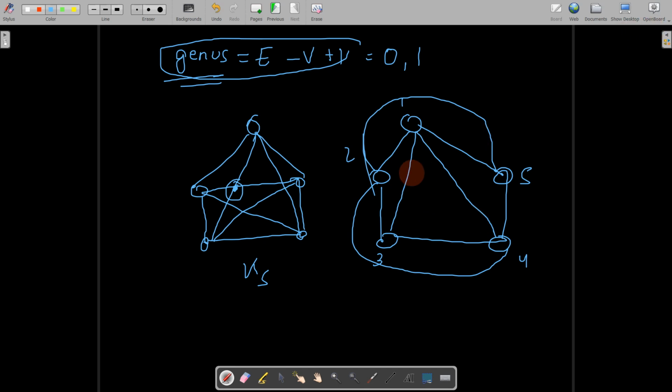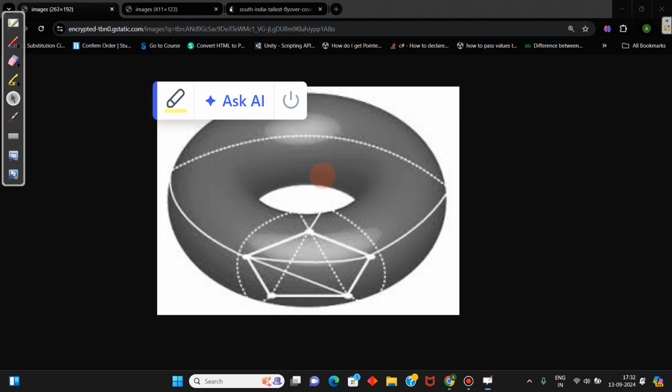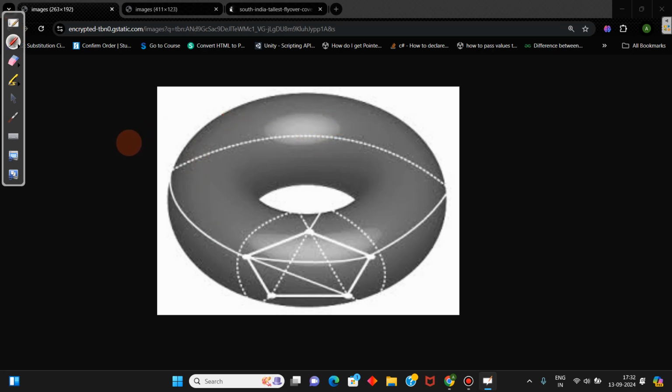So what will I do? I will add a flyover layer. So I can make this graph planar on a surface like this donut. This is called a toroid. So what we did is, this edge and this edge are on this plane.